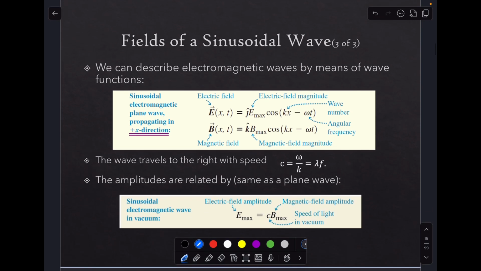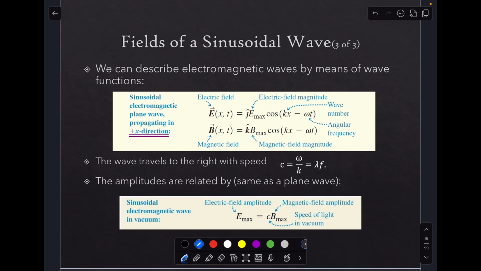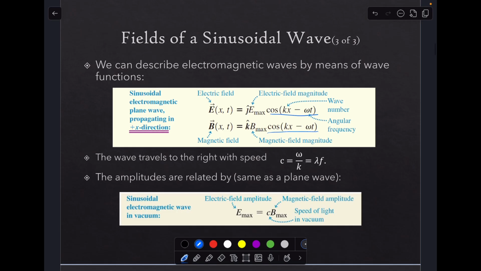So this is going to be the functional form of a sinusoidal electromagnetic wave. It is a cosine function, okay, and then we have some constants in there which will look familiar if you have analyzed waves before, right? K is the wave number. This is how they're all related here, actually. K is the wave number, and it's related to the wavelength.